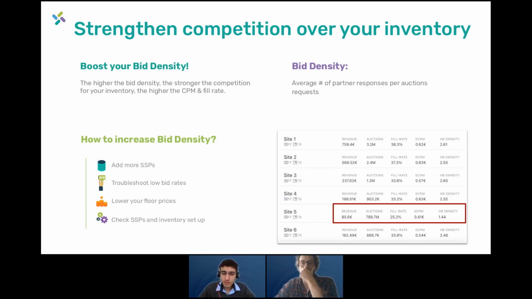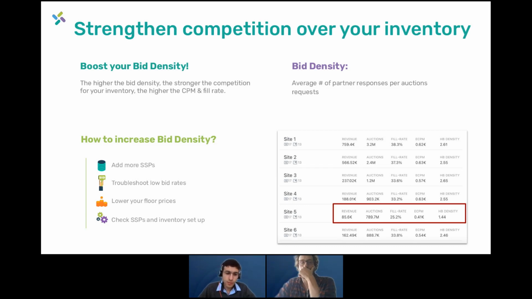And this tells you the state of the competition, because you know basically how many bids on average you get whenever you hold an auction. And in programmatic, as in real life, if you are holding an auction, you want as many bidders as possible, because you will have higher prices and you will also have a higher chance of someone actually winning the auction.